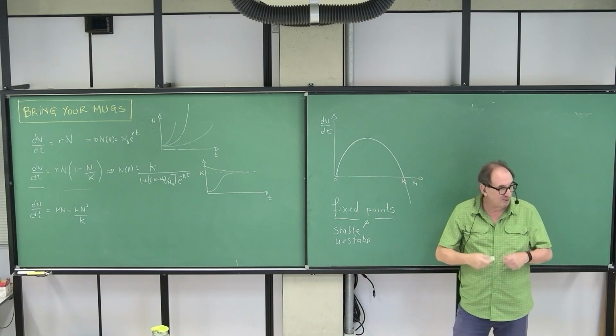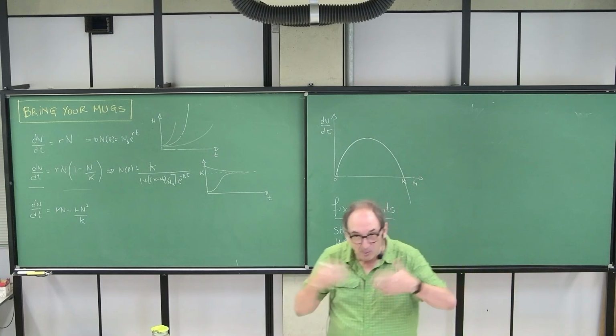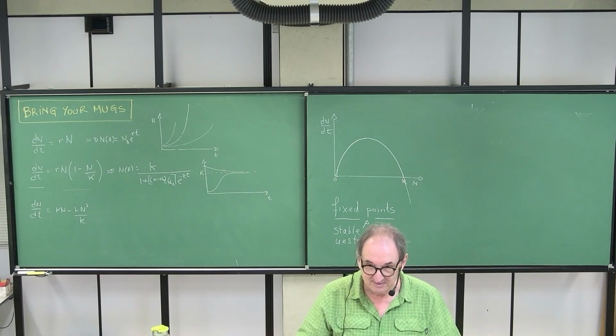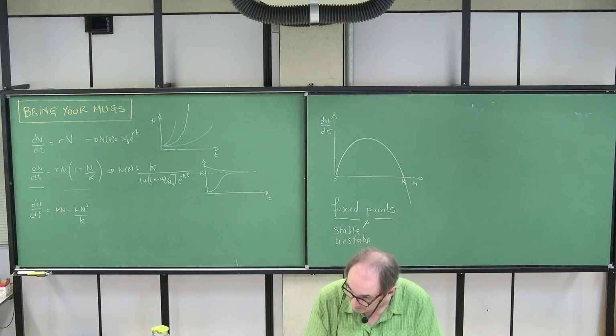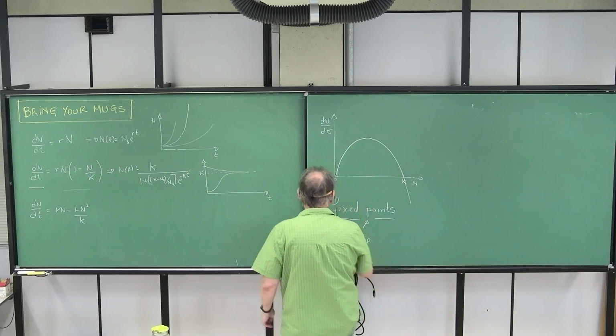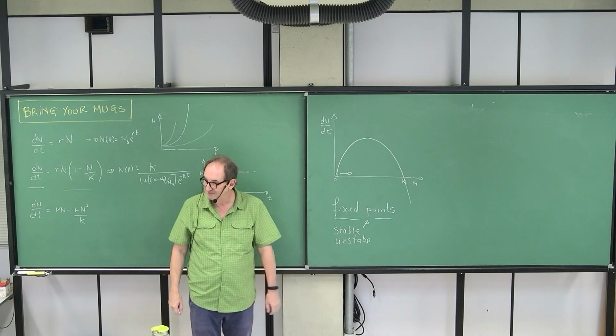Therefore, n will increase, and it will go away from the point 0. So any small population I introduce near the fixed point n equal to 0 will increase. Therefore, it will go this way. N will increase.